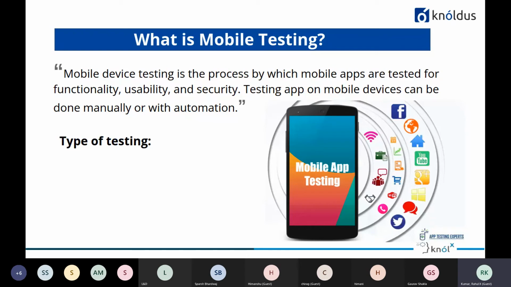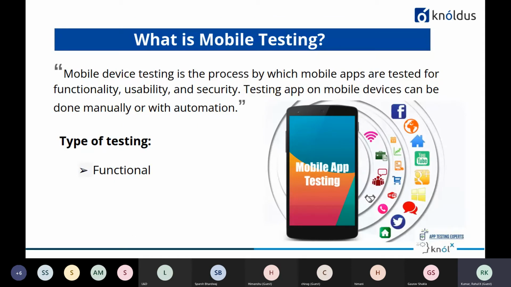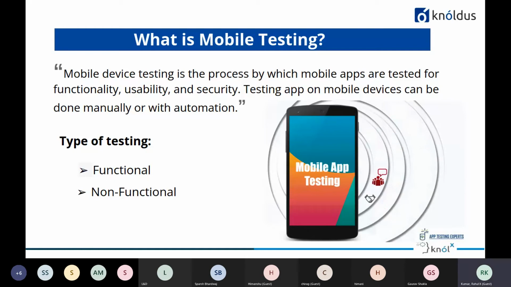There are three types of testing we generally perform on mobile devices. Let's explore them one by one. First is functional. The purpose of this type of testing is to test whether the basic functionality of the application is working as expected or not. The second is non-functional. It also plays an important role in mobile testing, in which the tester verifies usability, security, and some extra things.